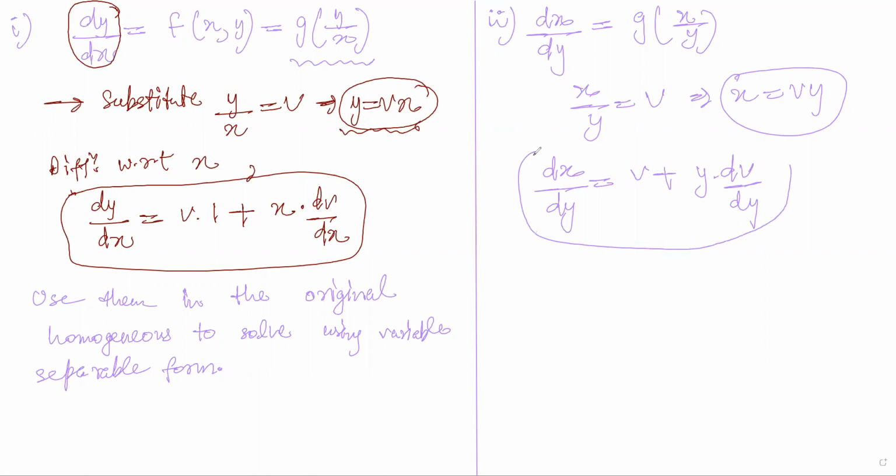So these two are the important substitutions in case of dx by dy, and those two for dy by dx. Now let's solve a problem to understand it better. This was all the theory involved. The questions are pretty easy, not to worry about.